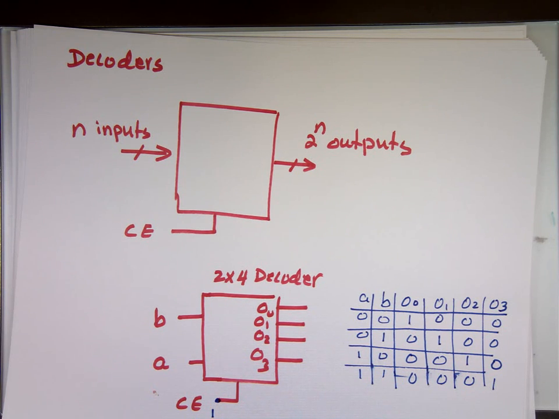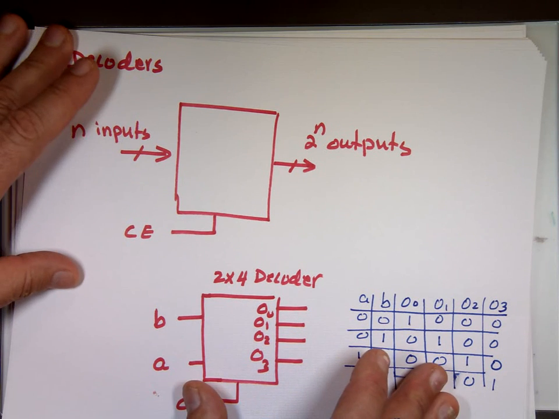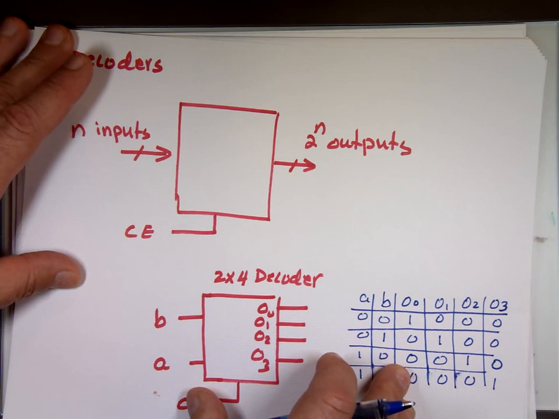Now, sometimes you go to the lab and you grab the schematic for a decoder, and I'll show you what the inside looks like in a minute for one like this. Actually, I'll do it right now.